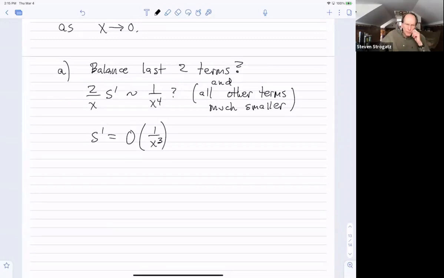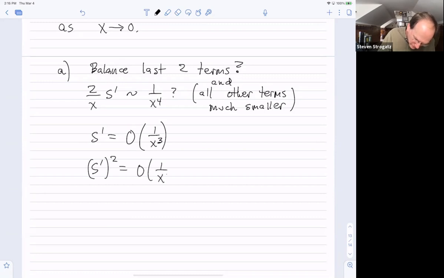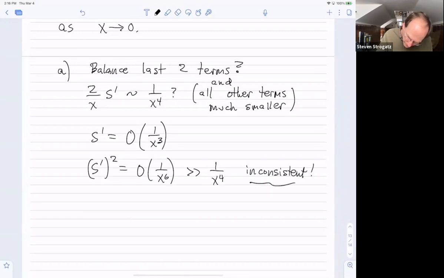I'm not worrying about the 2. Right, it would be big O of 1 over x cubed. And so integrating that, let's compare now. How big are the other terms? One of them was s prime squared. That would be order 1 over x to the 6th, which we already see we're in trouble. That's much more singular than 1 over x to the 4th. So this whole thing is inconsistent. This is much greater than 1 over x to the 4th. Okay, so that's no good.